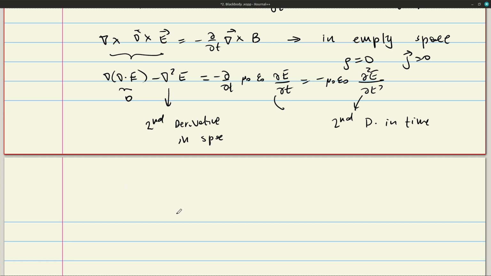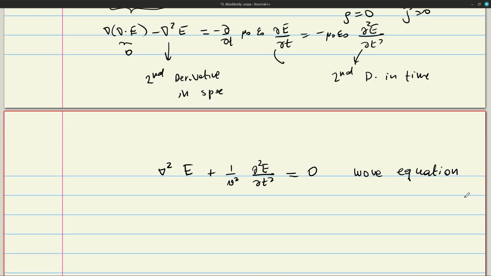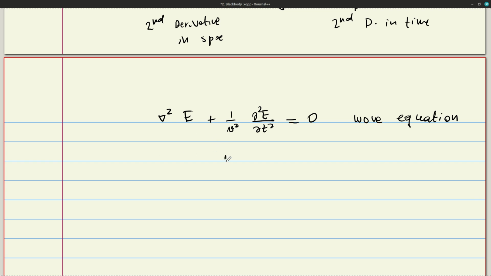Let's write this wave equation in a little cleaner form: del squared E plus 1 over V squared del squared E over del T squared is equal to 0. So this is the wave equation. And the V here, V is 1 over root mu 0 epsilon naught.